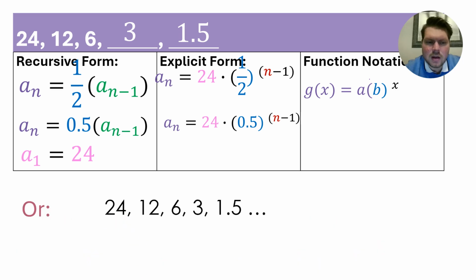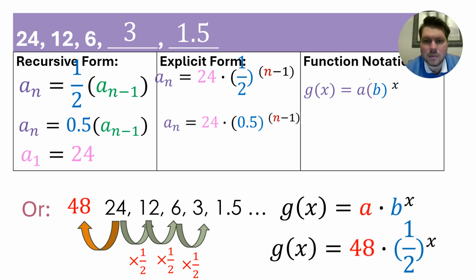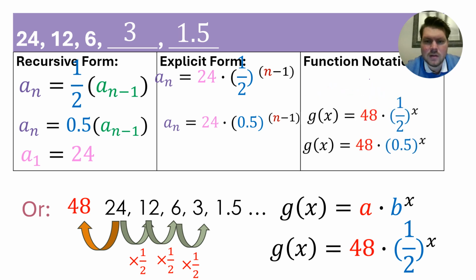So I'm going by a half each time. Or backwards, you can see I'm multiplying by 2. You could also divide by a half. Either way, you should get 48 would be the number that would come before. So this would be 48 times 1/2 to the power of x. And that is how you write it simplified.